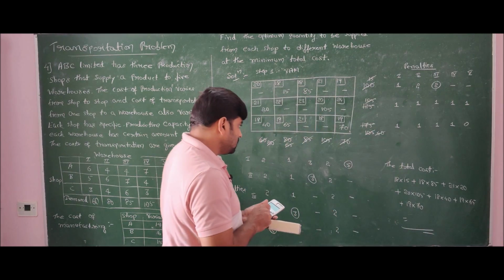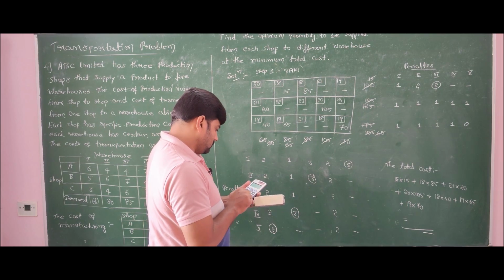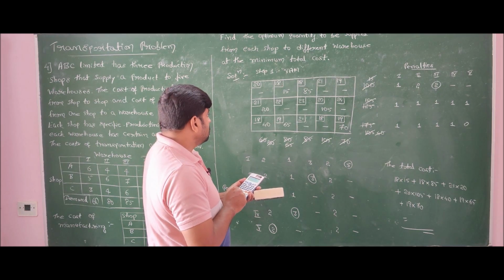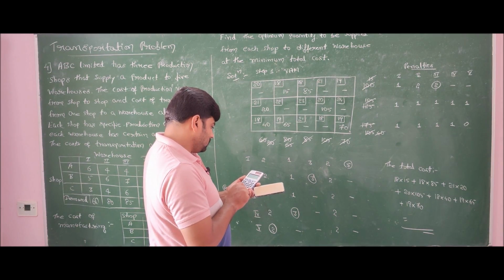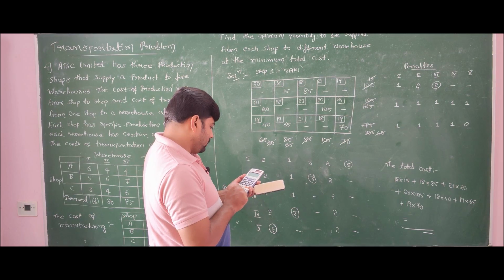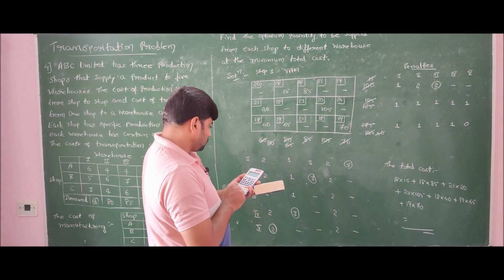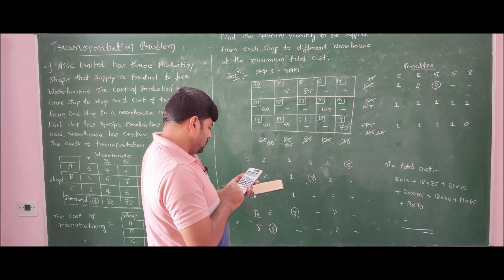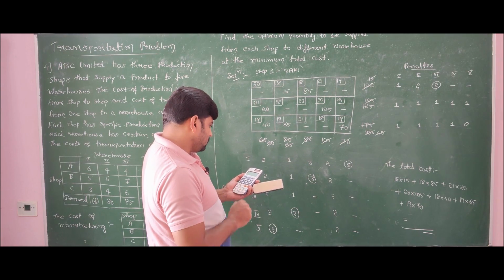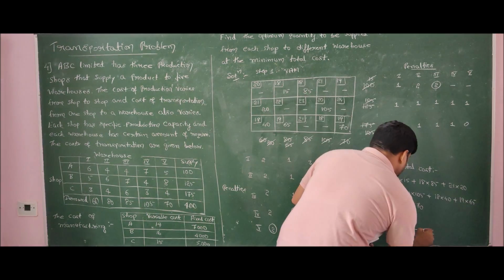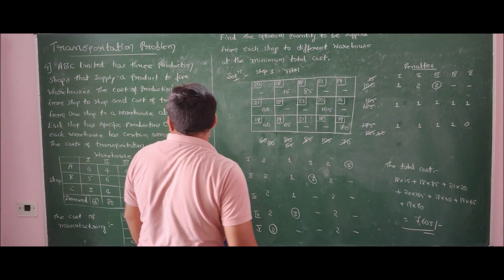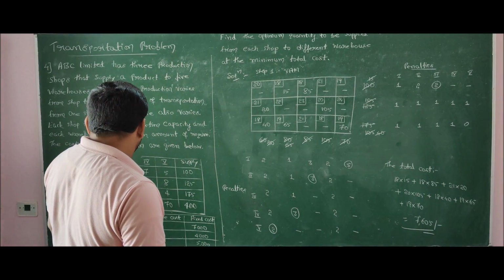So this will yield 18 into 15 plus 18 into 85 plus 21 into 20 plus 20 into 105 plus 18 into 40 plus 19 into 65 plus 19 into 70, which is equal to 7605 units.